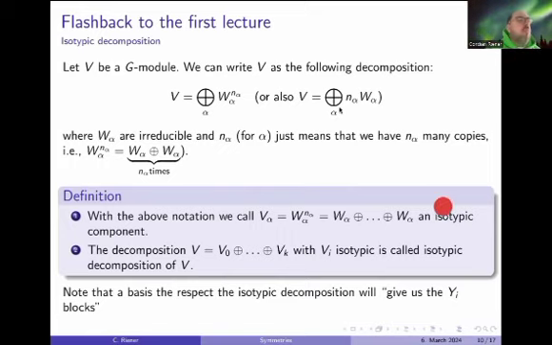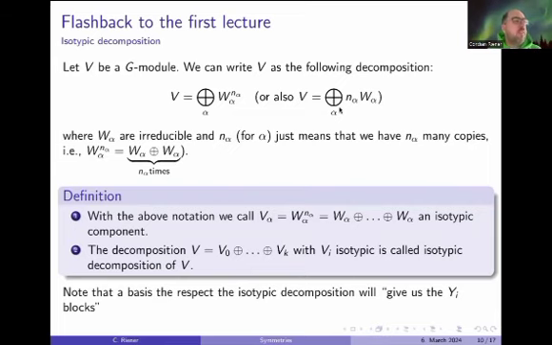So every morphism that goes from one of them to another has to be the zero map. So if you build up a matrix with respect to this basis, entries of the matrix that correspond to parts of a morphism going from here to here have to be zero.